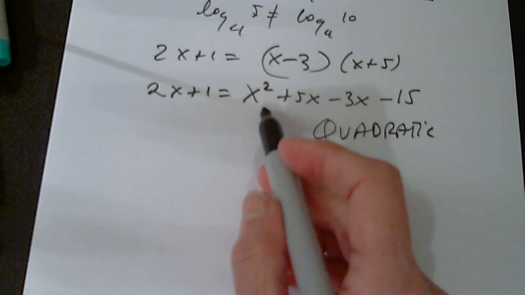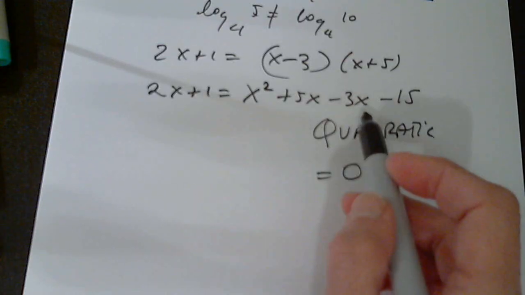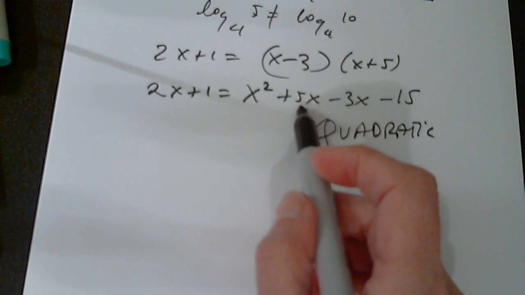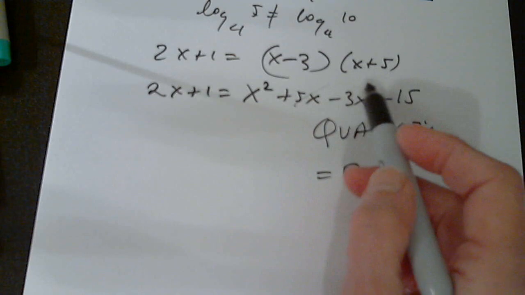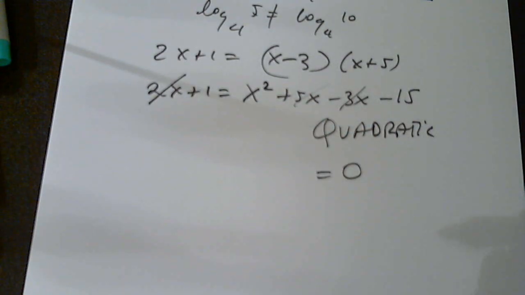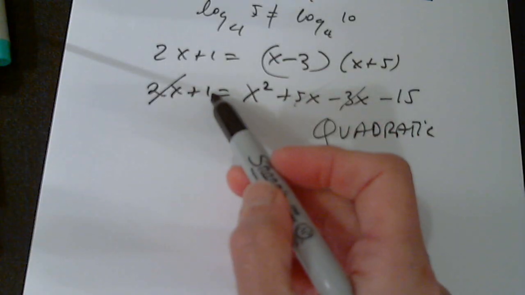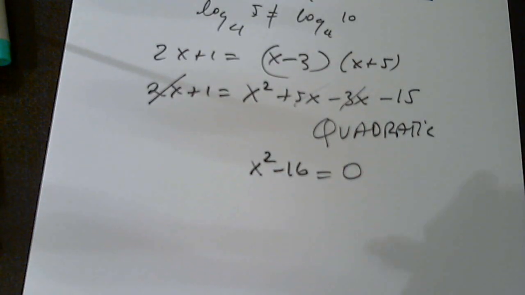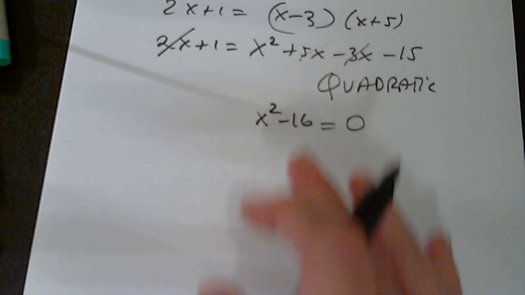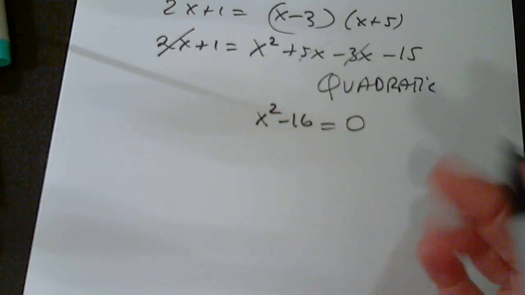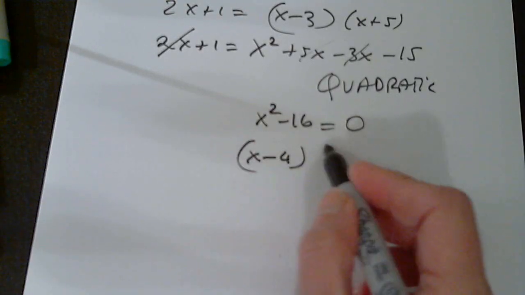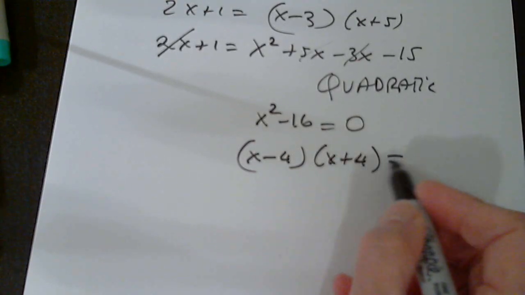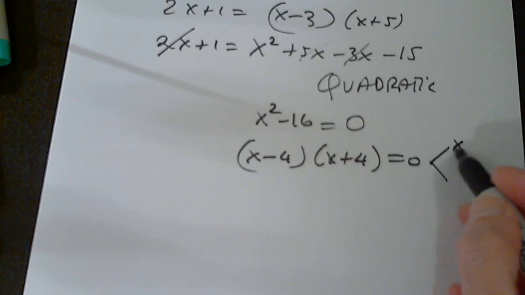I have x squared. I have plus 2x. But 5x minus 3x is 2x. That will simplify with the 2x from the other side. And then I have minus 16. I have two options. You can move negative 16 and take the square root, or you can factor and get two options.